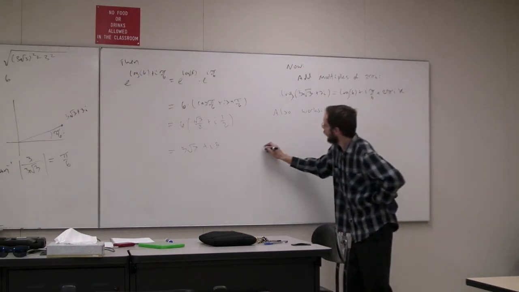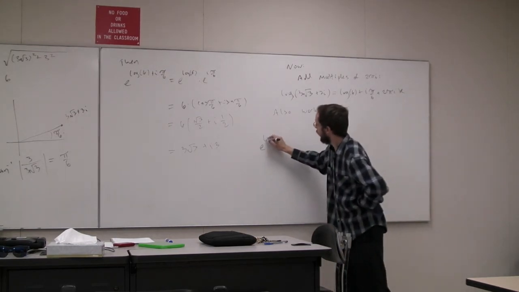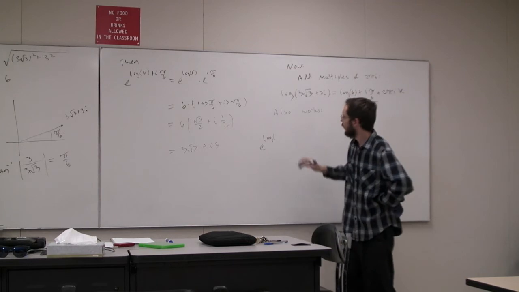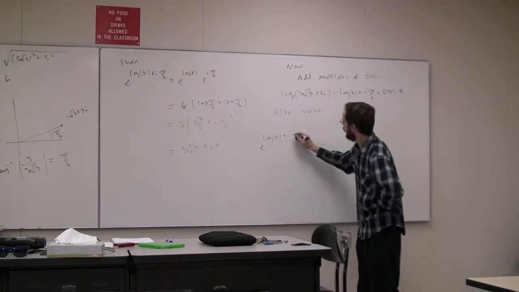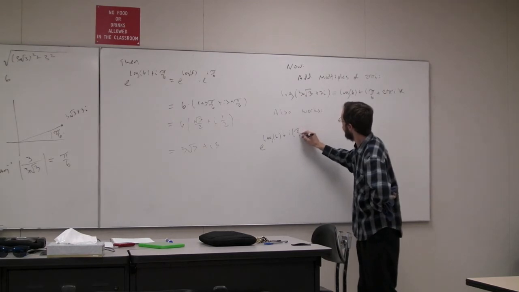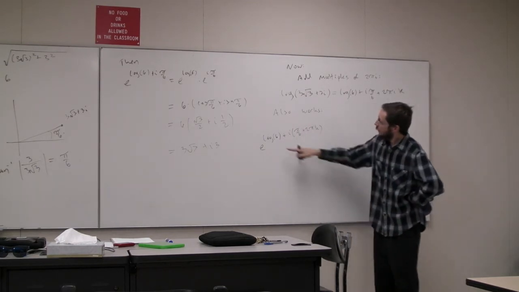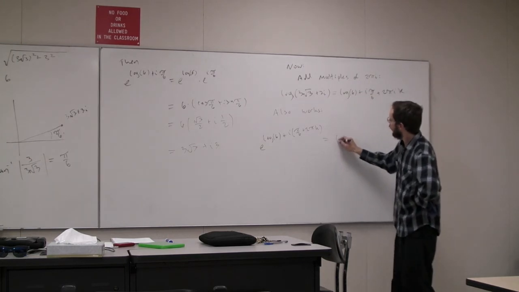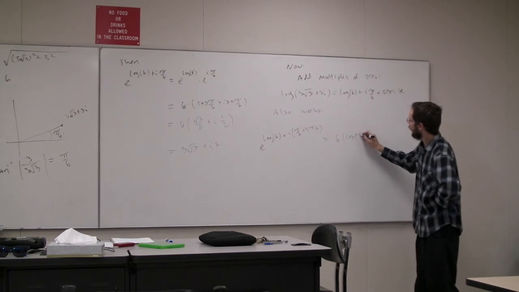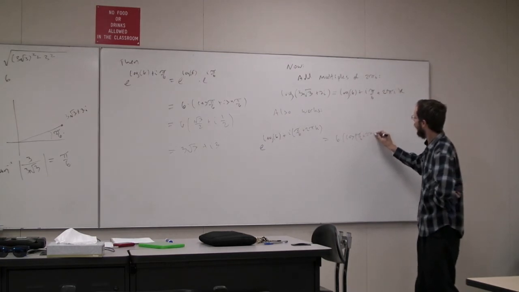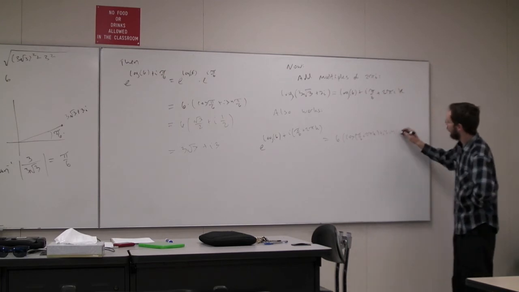Because e to this value, I'm going to skip a few steps here because they're kind of boring. e to this number here is really 6 times cosine of this angle, pi over 6 plus 2 pi k, plus i sine of pi over 6 plus 2 pi k.